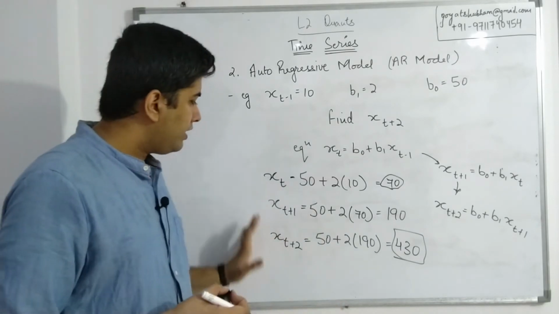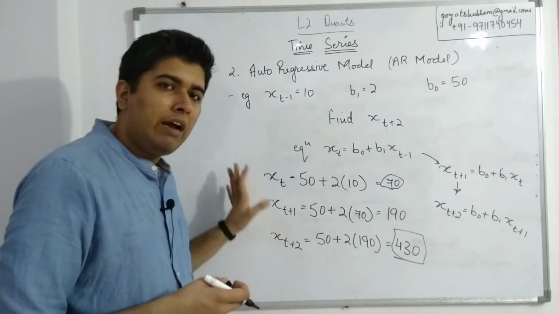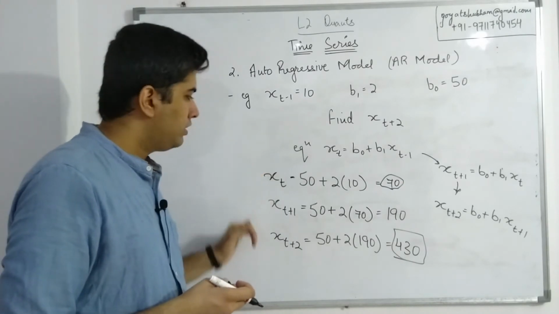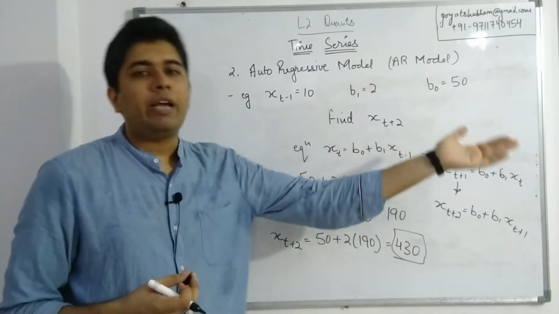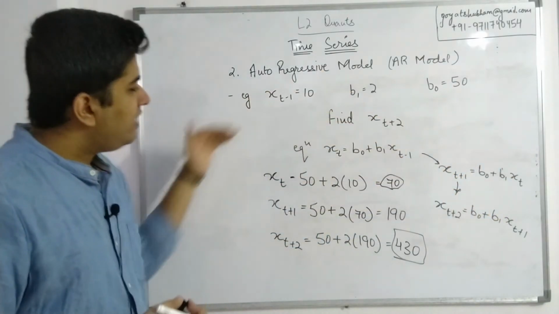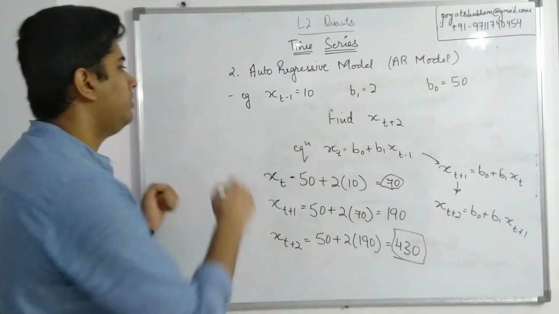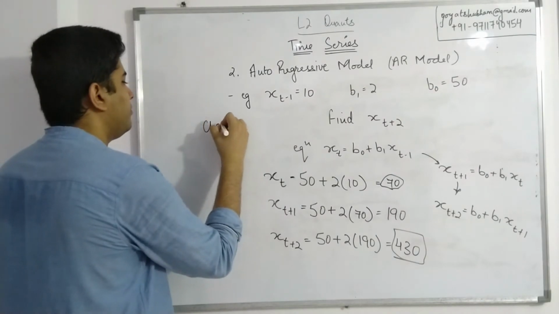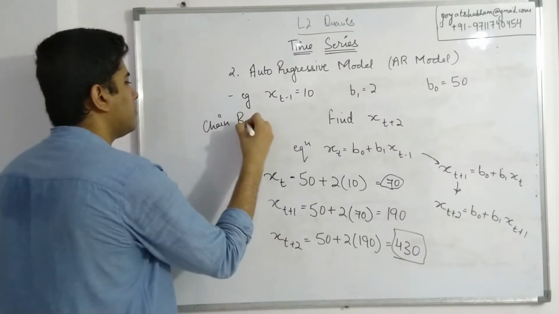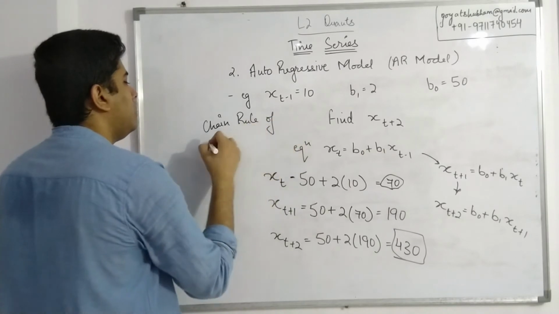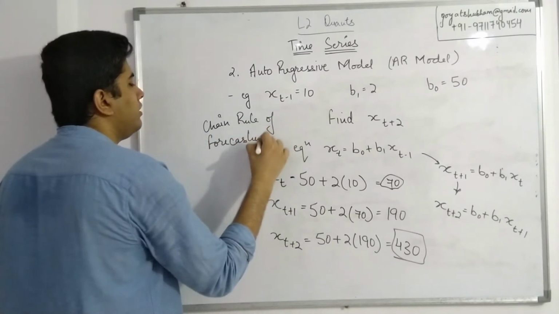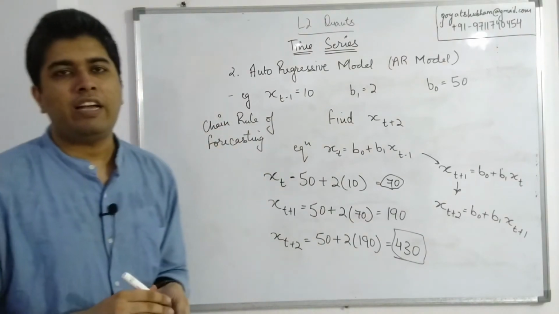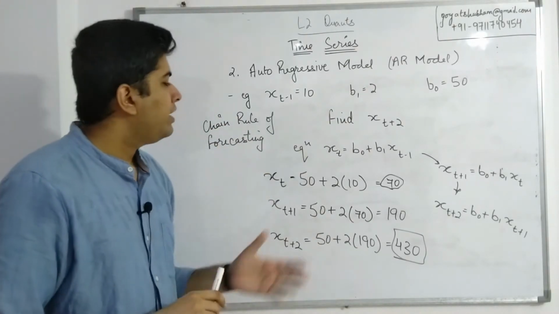The only thing that is changing here is we have to do this stepwise multiple times if we have to forecast a value multiple time periods ahead. This entire process is known as chain rule of forecasting. So just a new name, nothing complicated here, nothing as such technical, a very basic concept.